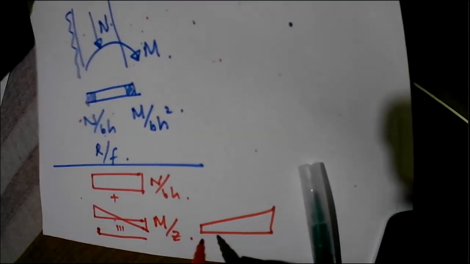So this is N over BH minus M over Z. On this side you get N over BH plus M over Z. So that type of arrangement can be sorted out.